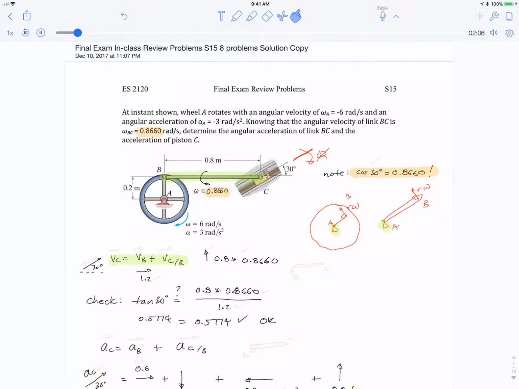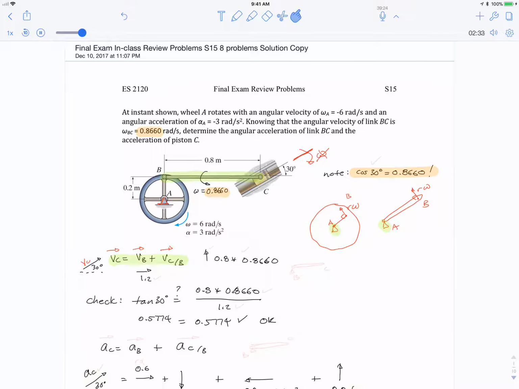Okay, so back to the problem. We're going to do V of C is V of B plus V of C relative to B. You write that out, and again, these are vector equations. Everything you know about V of C is that it's going on that slot at 30 degrees. That slot's not rotating, so we know that V of C is inclined at 30 degrees.